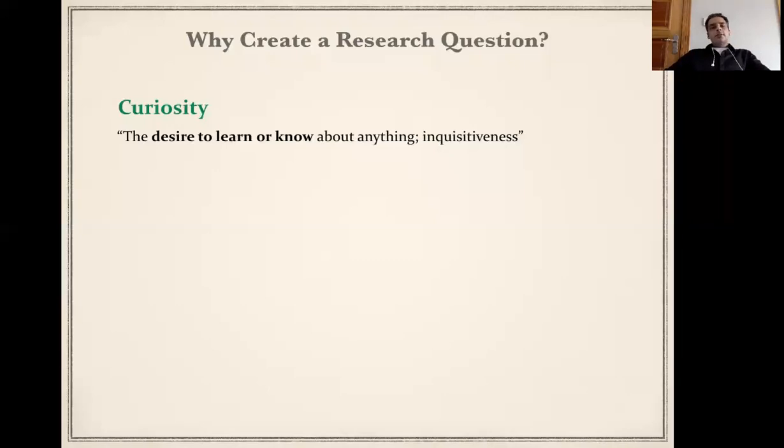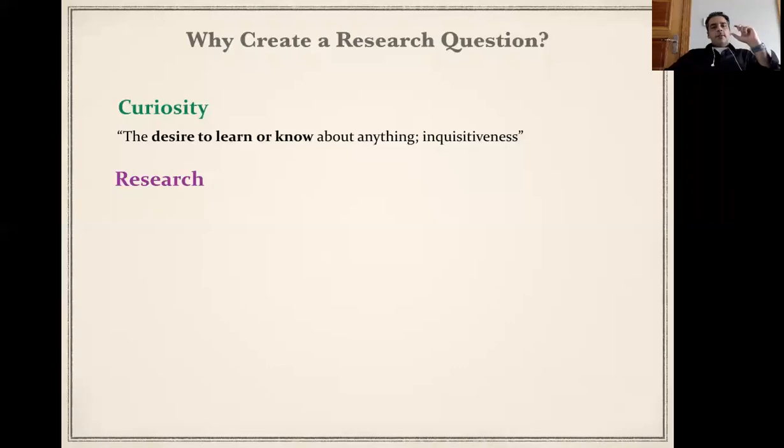It's something that you want to know, which is not already known to people, whether it's scientific, in arts, economics, or anything. So it's that desire that must be there before you try to generate a research question.